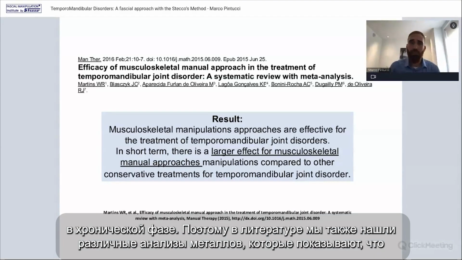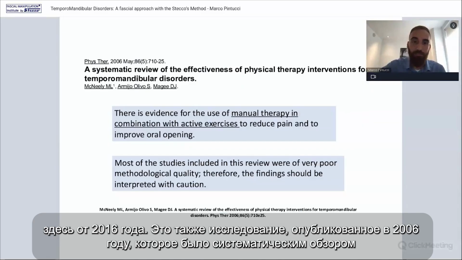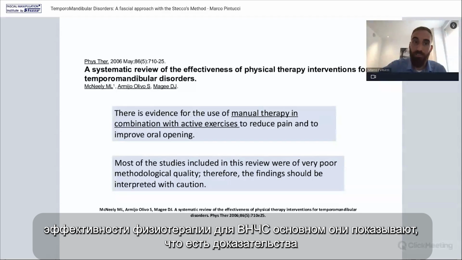In the literature we found different meta-analyses showing that a musculoskeletal manual approach can have a good effect on temporomandibular disorder, like this study from 2016. This is also a study published in 2006, a systematic review of the effectiveness of physical therapy for TMJ.